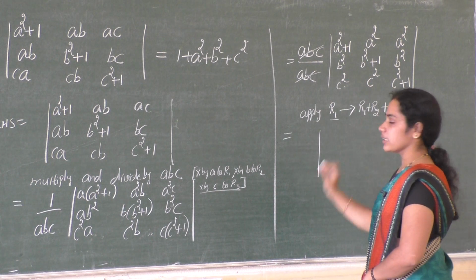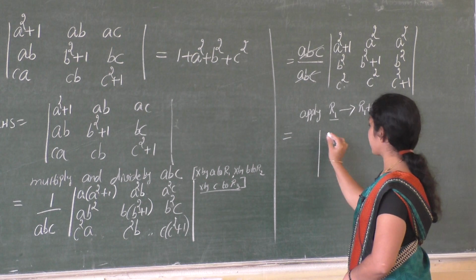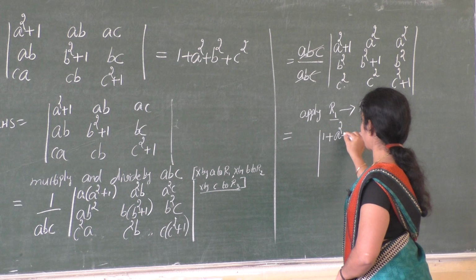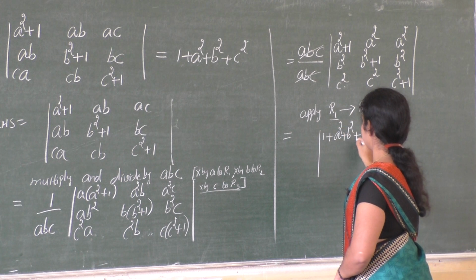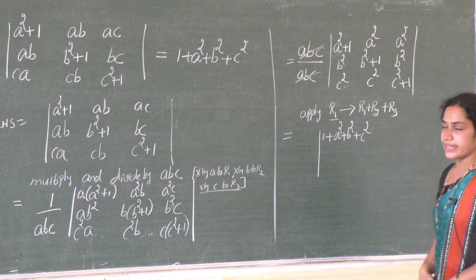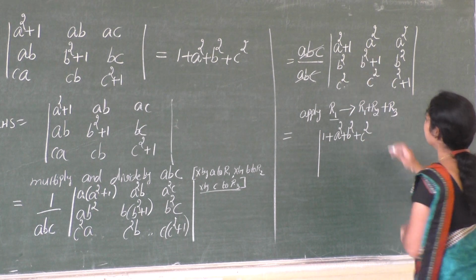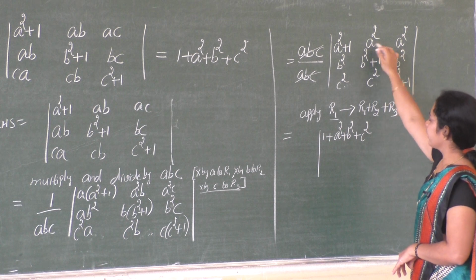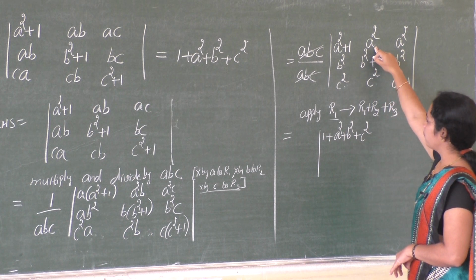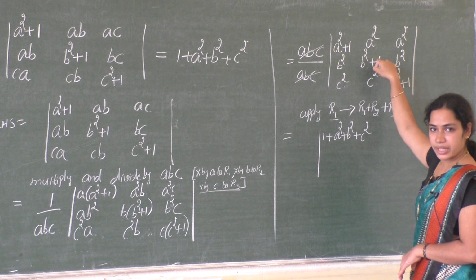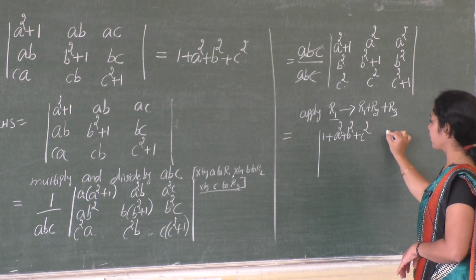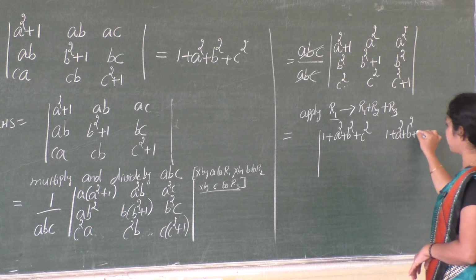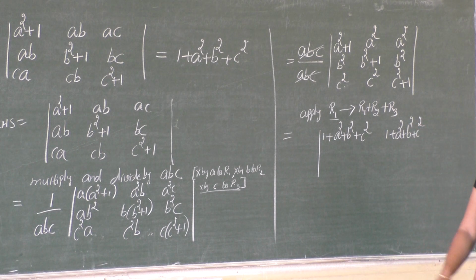Here we are changing the first row. What does it become? 1 plus A square plus B square plus C square. Here again R1 plus R2 plus R3 gives A square plus B square plus 1 plus C square, which can be written as 1 plus A square plus B square plus C square.